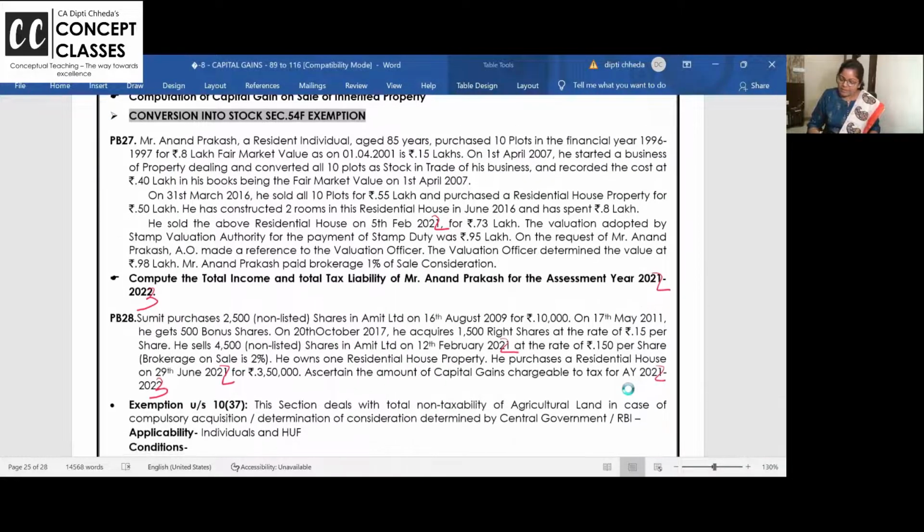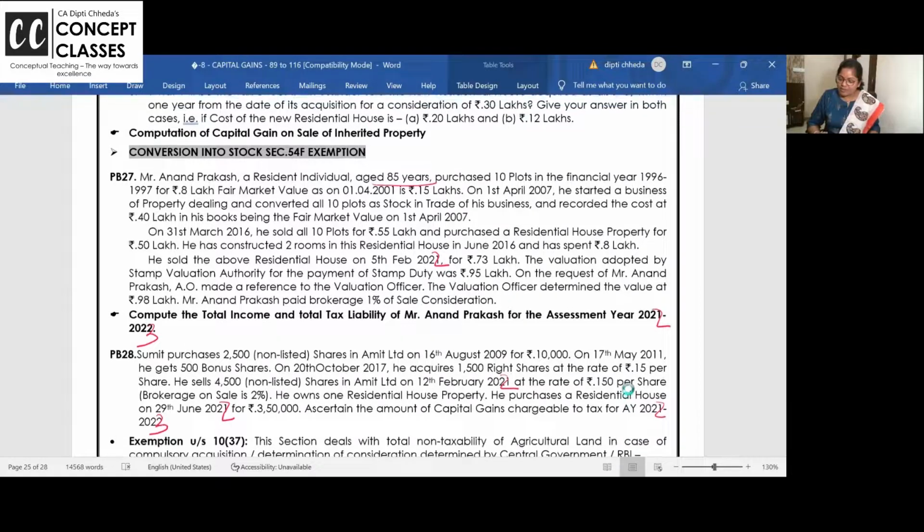Anand is a resident 85 years, so पहले super senior citizen. Purchased 10 plots. अरे 97. जिनकी if the property is purchased before 2001, you have to take the fair market value, 15 lakhs on 2001.